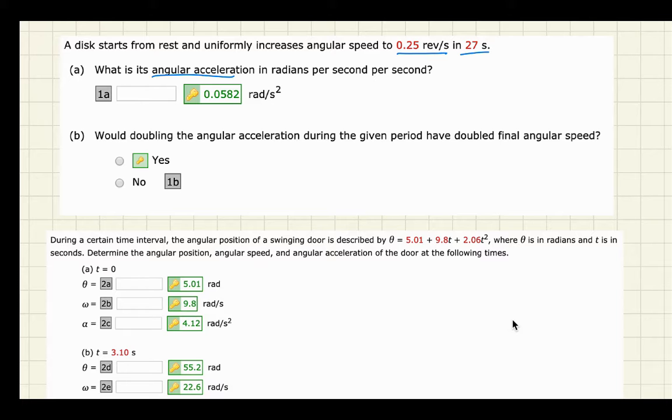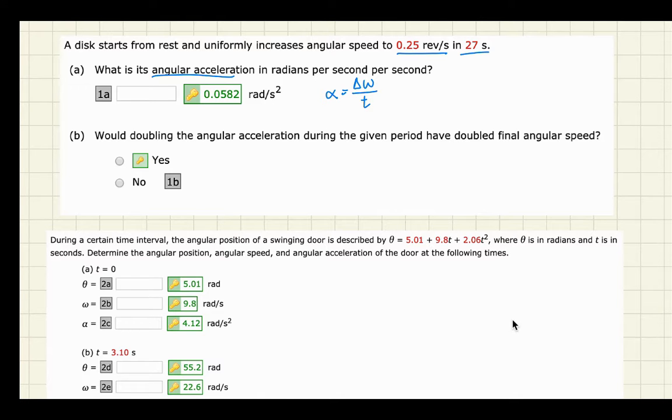Angular acceleration is equal to the change in angular velocity over time. Remember that this is analogous to our translational or linear a equals delta v over t. Rotational acceleration alpha equals change in rotational velocity delta omega over time, t.